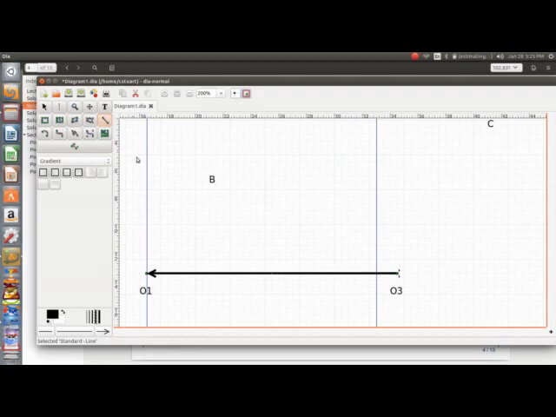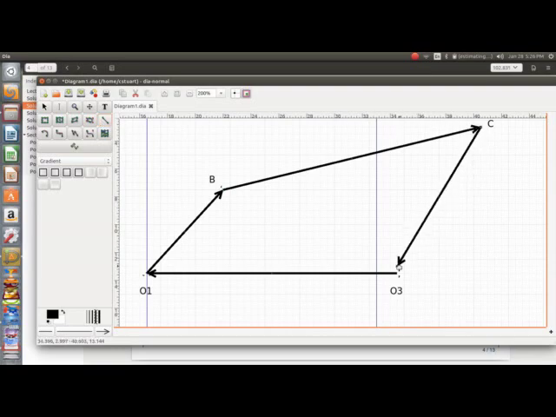If I continue along with that, I can draw my L sub 1, or crank in this case for a 4-bar link, L sub 2, and L sub 3. Let's go ahead and label these.